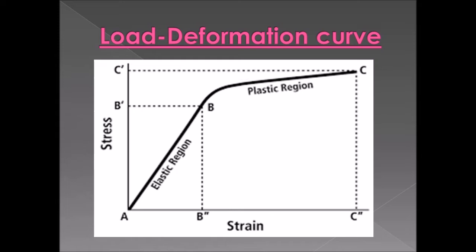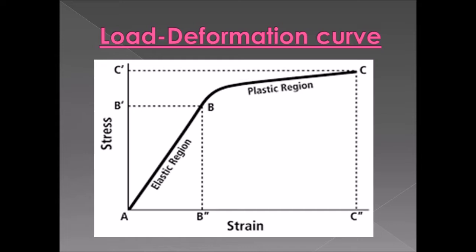If loading continues in the plastic region, the bone may get damaged, but most of the time the load is taken away by ligaments and muscles. So ligament strain and muscle strain are more common before bone gets into failure.